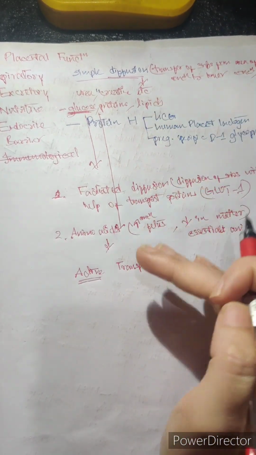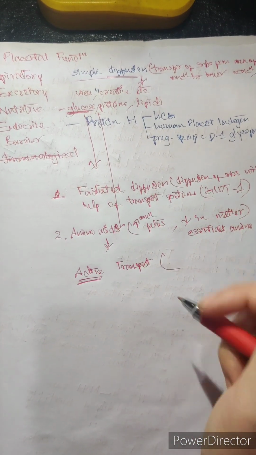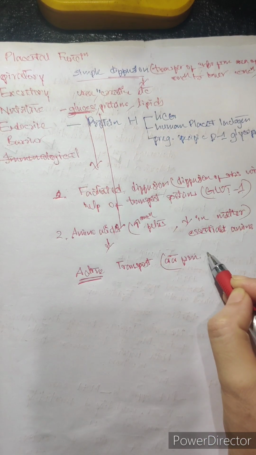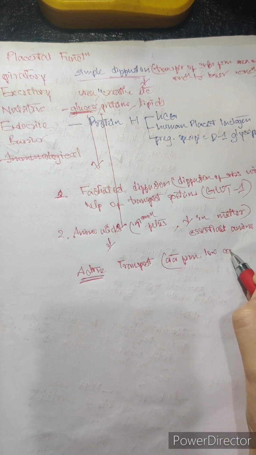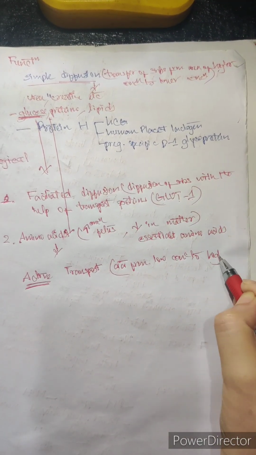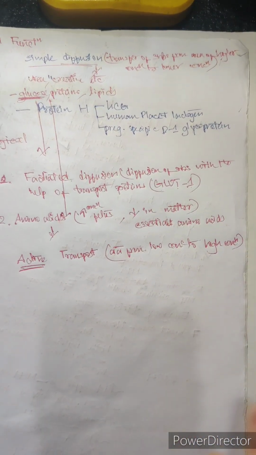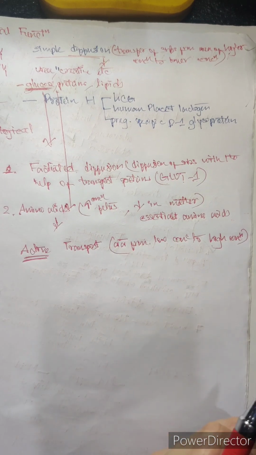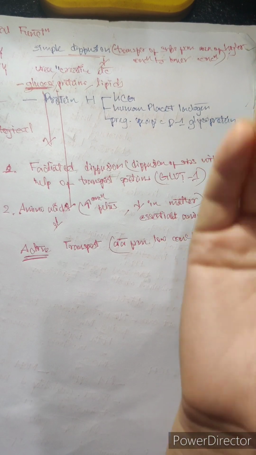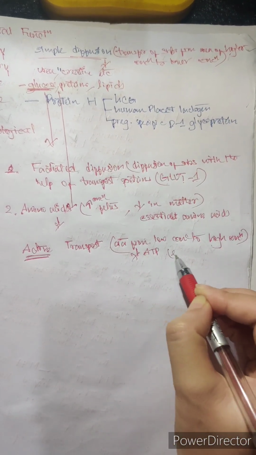But in active transport, amino acids move from areas of low concentration to high concentration. When molecules are transported from low to higher concentration, it requires energy, okay, in the form of ATP.